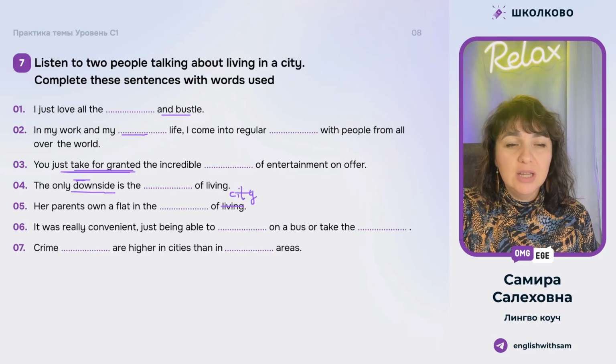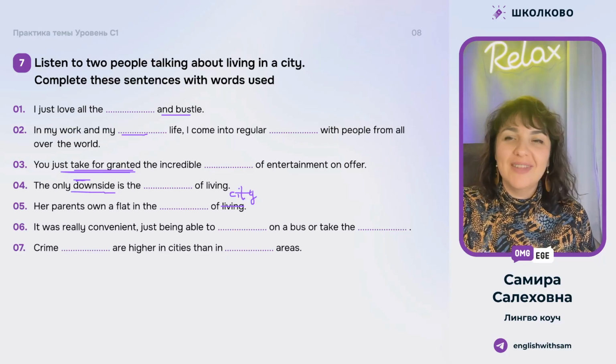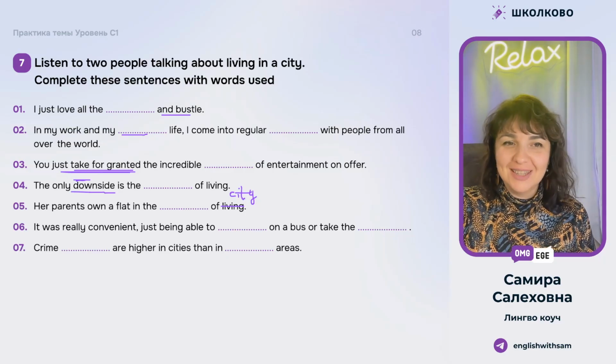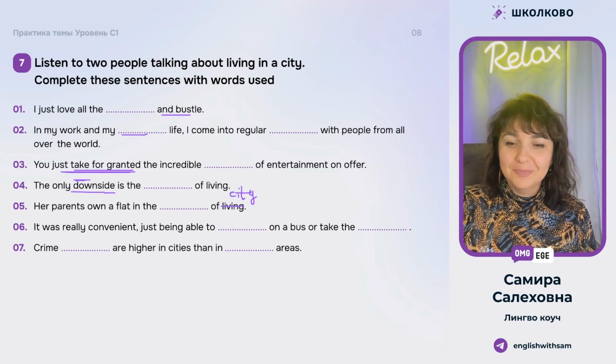It was really convenient just being able to hop on a bus or take the underground. Crime rates are higher in cities than in rural areas. Yeah, I'm sure without listening you can just complete some of these sentences for sure, but it's a listening task, so let's listen.